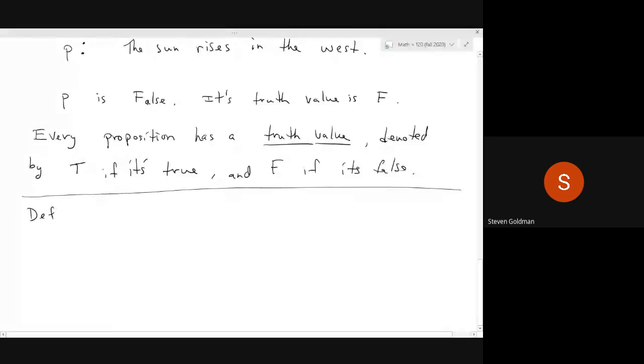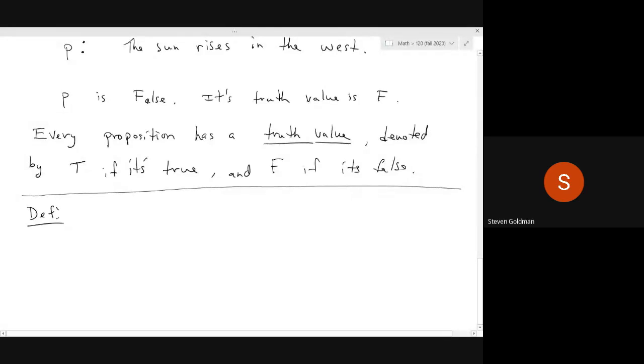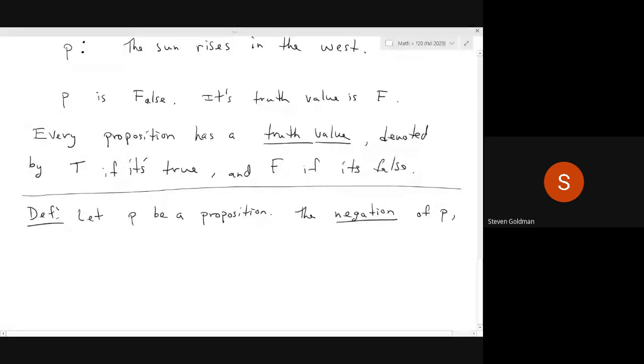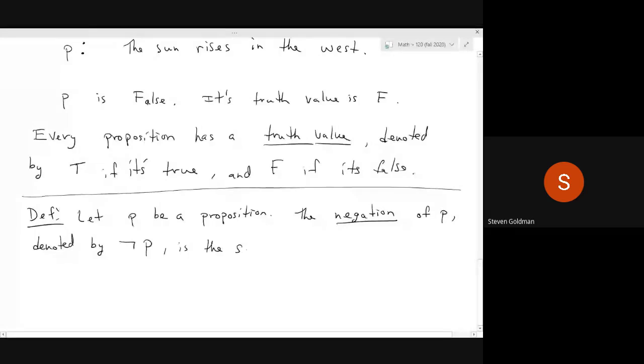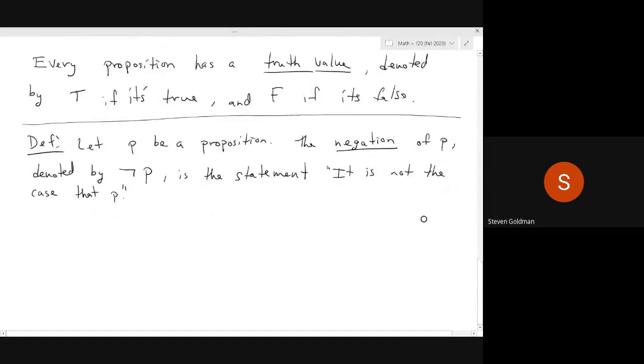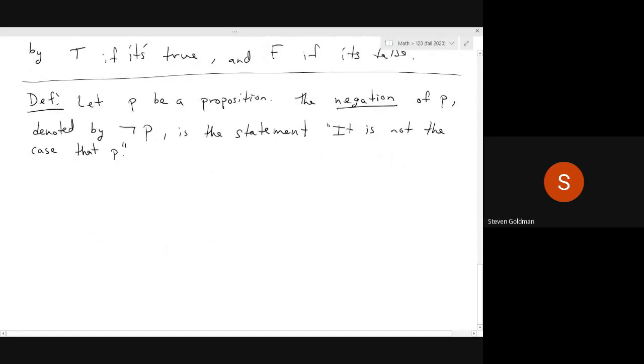So, definition. Let P be a proposition. The negation of P, denoted by this symbol here, is read as the negation of P, or sometimes as not P, and is the statement: it is not the case that P. So the negation of P is a new proposition.